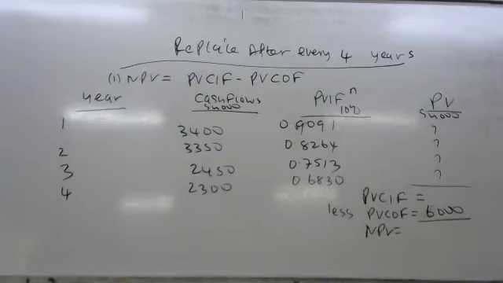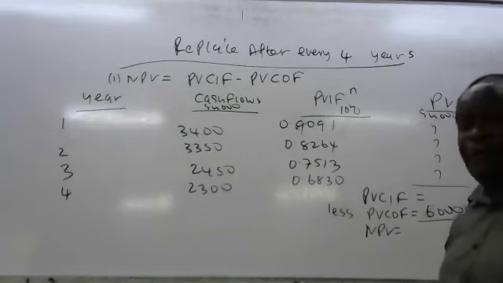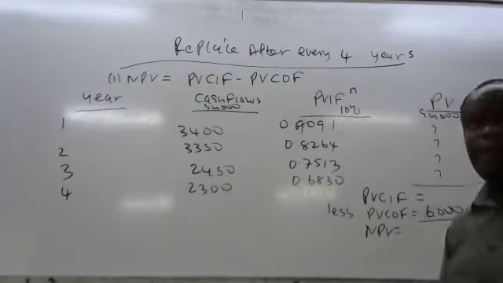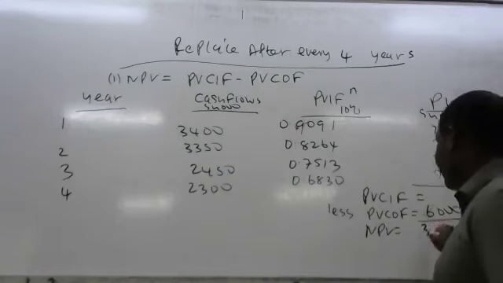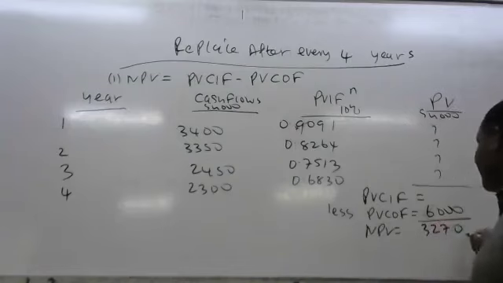So how much is the NPV when we replace after every 4 years? 3,279,96.